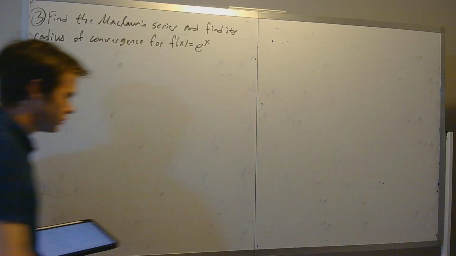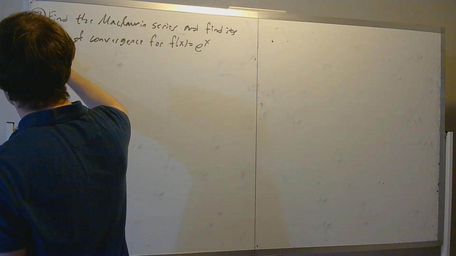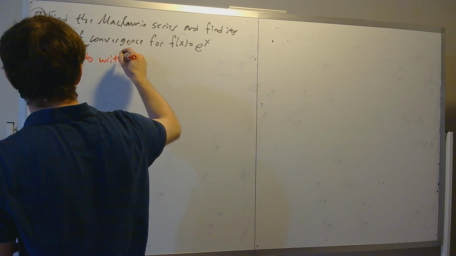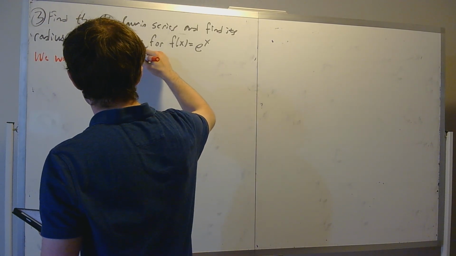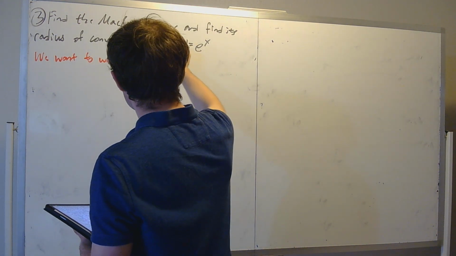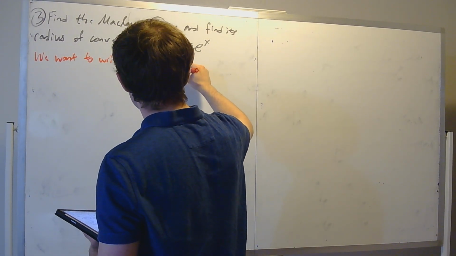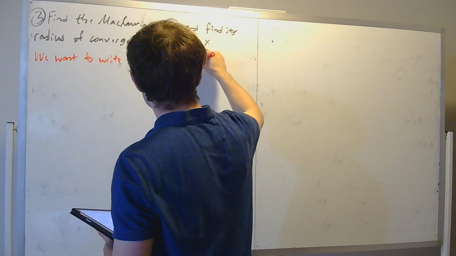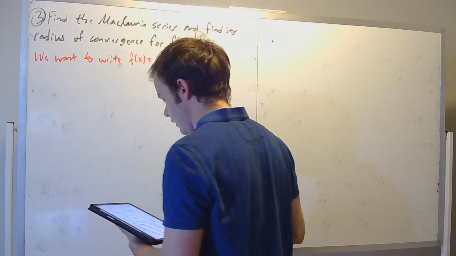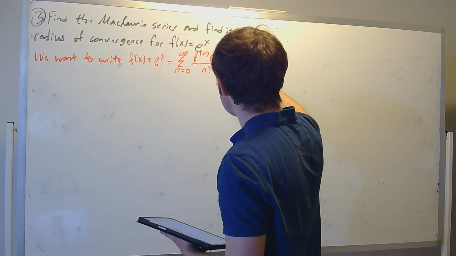So again, our formula that we need, so we want to write f of x equals, what I meant to say, e to the x equals the sum from n equals 0 to infinity of the nth derivative of f at 0 over n factorial times x to the n.